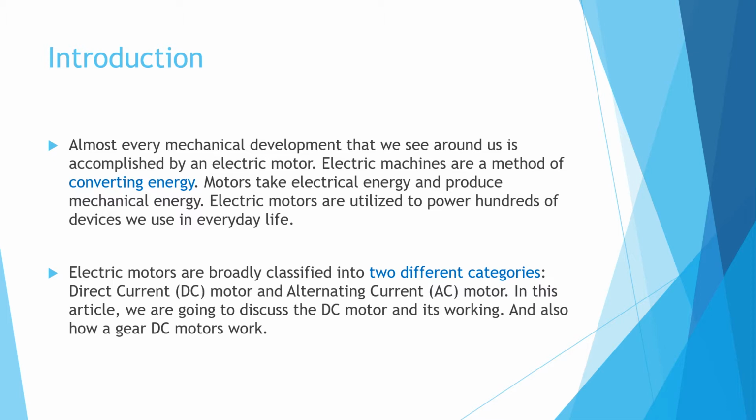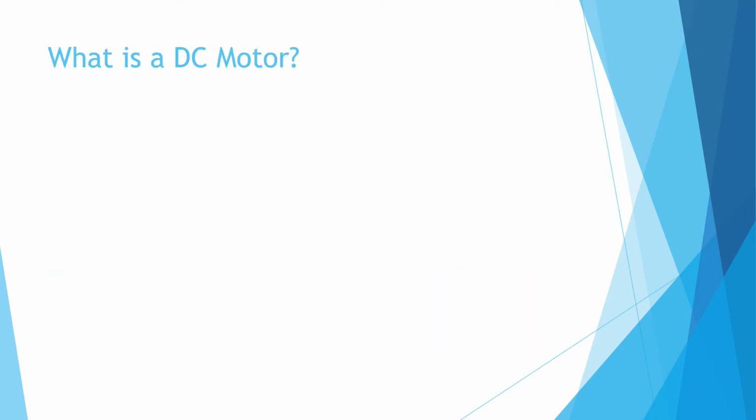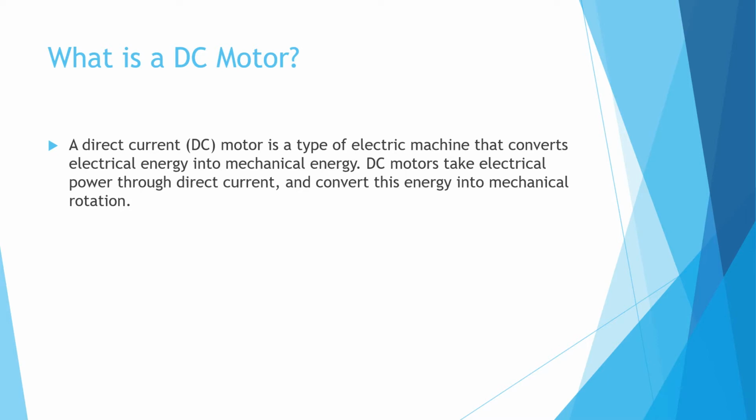In this session, we are going to discuss the DC motor and how it works. Let's start with what a DC motor is. A direct current motor is a type of electric machine that converts electrical energy into mechanical energy. A DC motor takes electrical power through direct current and converts this energy into mechanical rotation.